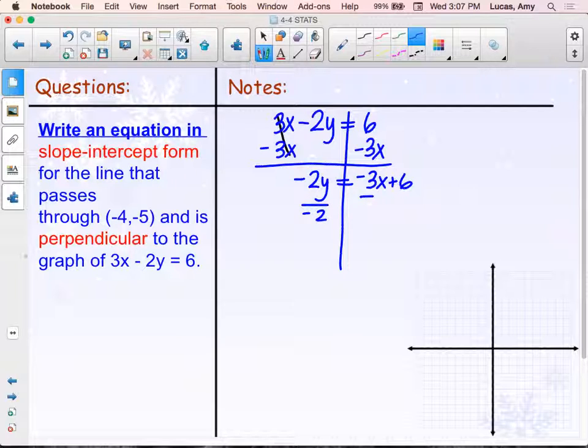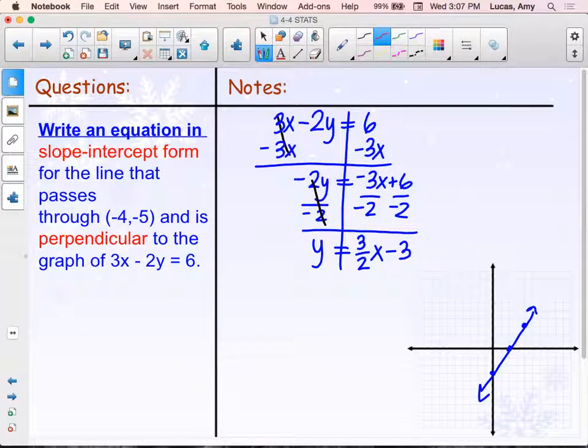And then divide everything by negative 2. The slope reduces because a negative divided by a negative is a positive, so it reduces to positive 3/2 x, and then the intercept, 6 divided by negative 2 is negative 3. So start at negative 3, go up 3/2, and draw the line.